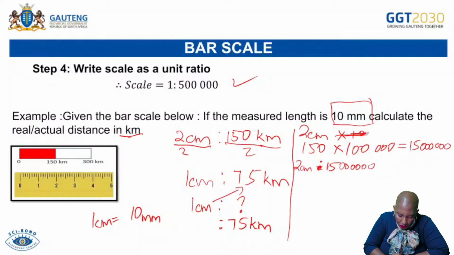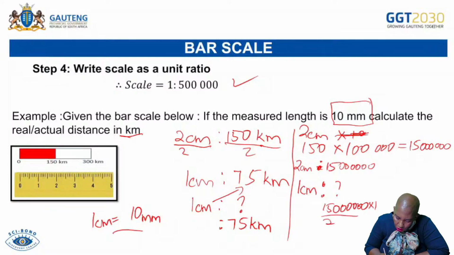And then now we have converted the 10 millimeters, and we say it's 1 centimeter. We have done the conversion here, and then is to unknown. And then we multiply there, 1 multiplied by 15 million, divided by 2.